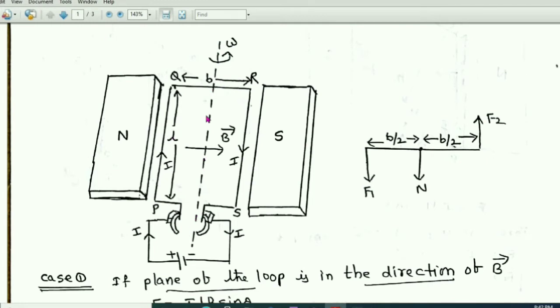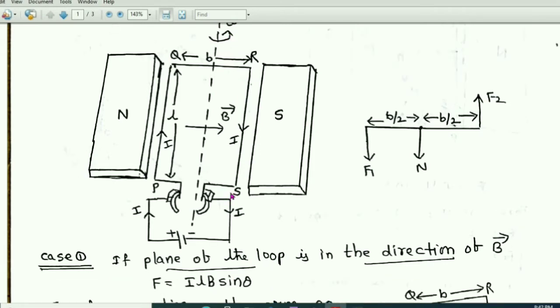Now this is the axis of rotation. It is rotated with an angular velocity omega. Whenever it is connected to the supply, a current I flows through this coil. Now when current flows through this coil, each and every arm of this coil experiences a force.